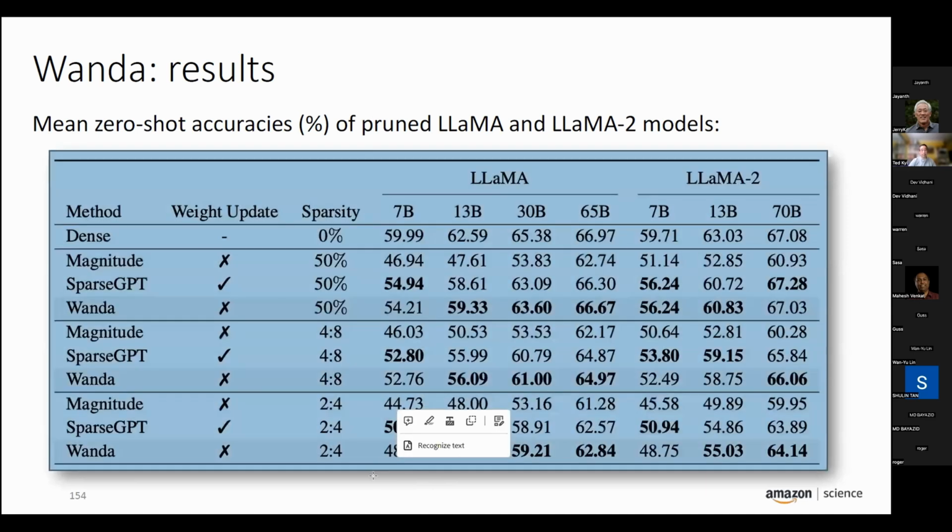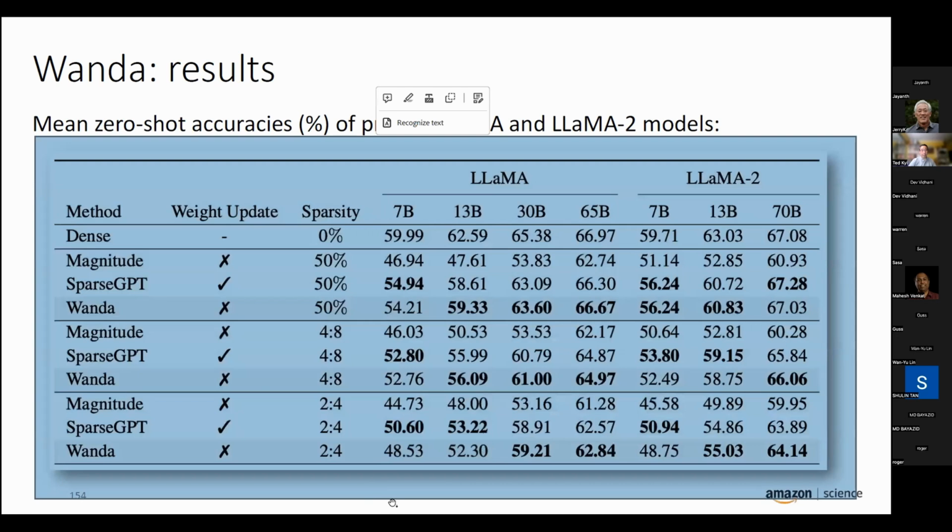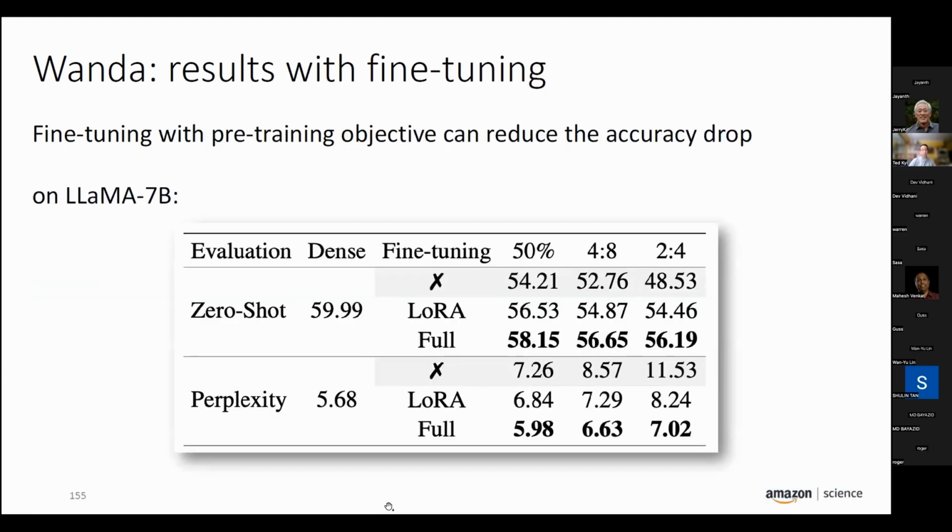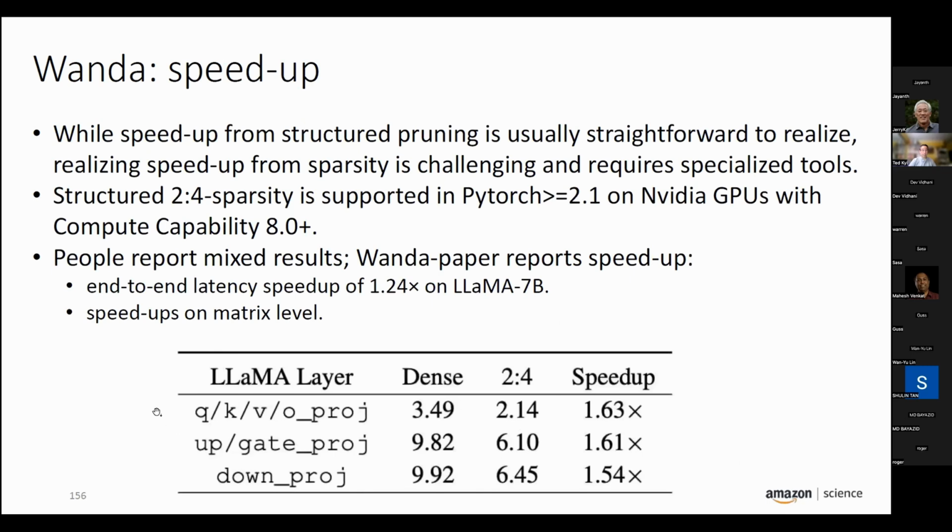This is not my area. I think the results are sort of mixed at this point. I think they say somewhere here it's a 1.24 speed up. So you can do 5 tokens in the time it takes the fully dense model to do 4 tokens.